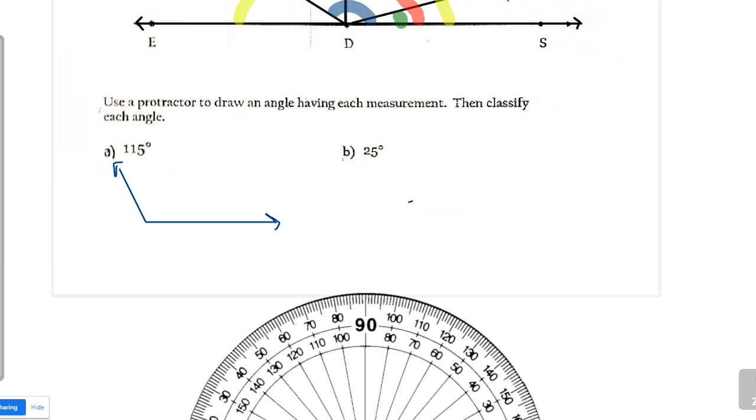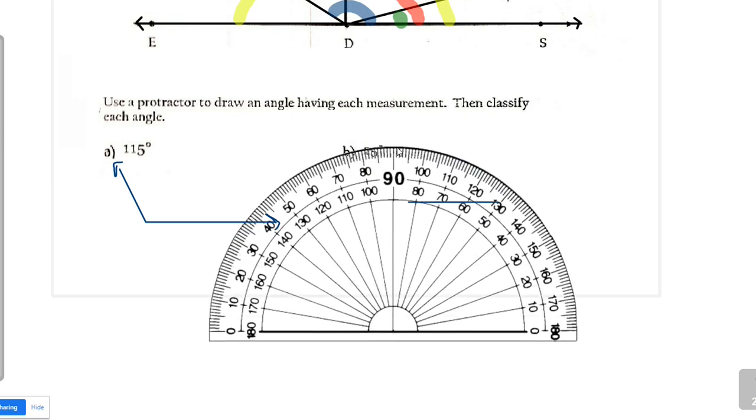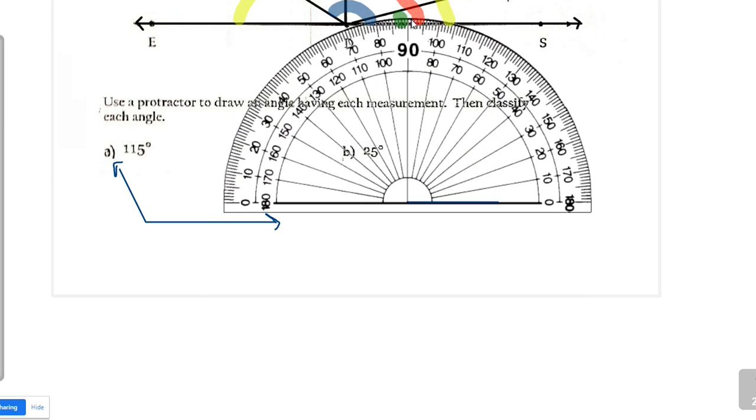Now let's do it again. Draw a straight line so we can have a 25-degree angle. Let's bring up our protractor and put it on the corner. Now for 25 degrees, go inner to 20, halfway. Make a little marking.